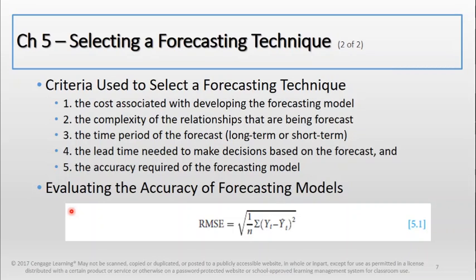However, there are also techniques that are extremely complex, that require significant amount of time to develop and may be quite expensive. So the technique used in any specific instance depends on a number of factors. First is the cost of developing the forecasting model. You need to take into consideration also the complexity of the relationships that are being forecasted. Of course, if they are too complex, you cannot expect that a simple forecasting technique would be used to analyze complex relationships, di ba?